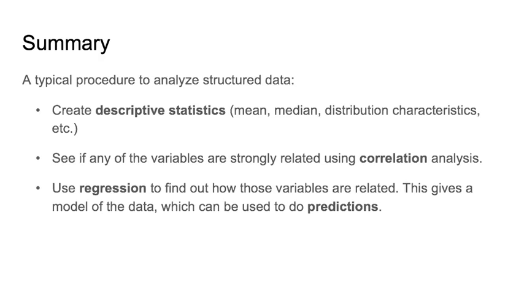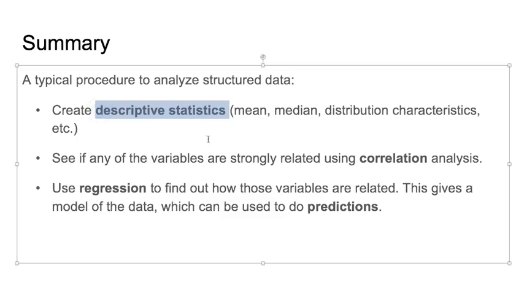To give a summary of how we analyze structured data, which often tends to be numerical in nature, like height and weight and income and GPA, SAT score: first we have the data, so we create some kind of descriptive statistics.